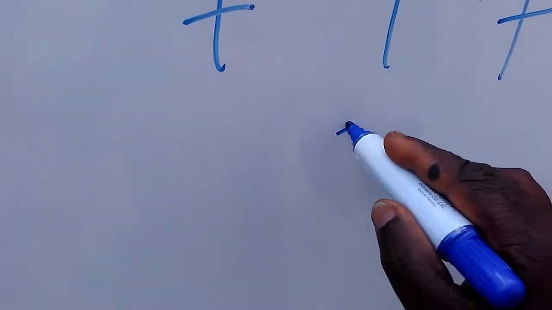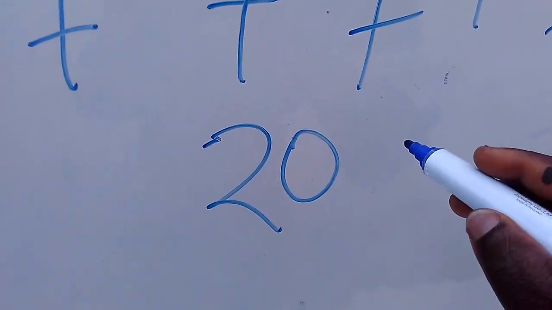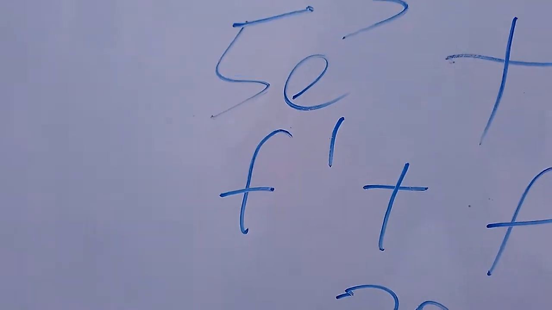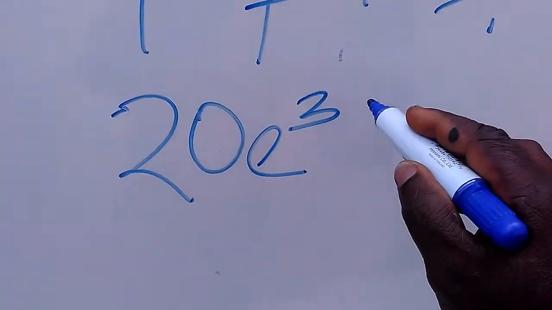We have 20e raised to the power 3 plus 5.